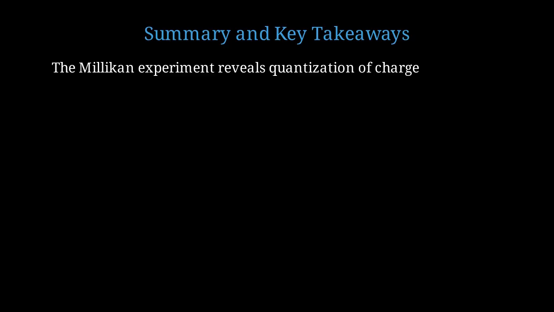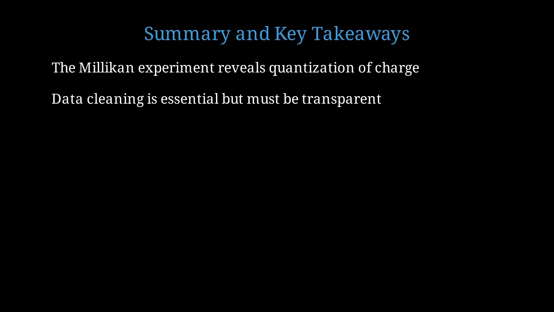Let me summarize what we've learned today. You now have a complete toolkit for analyzing quantized versus continuous data. The Millikan oil drop experiment elegantly demonstrated that electric charge is quantized, coming in integer multiples of the elementary charge, e equals 1.6 times 10 to the negative 19 coulombs. That analysis begins with cleaning.